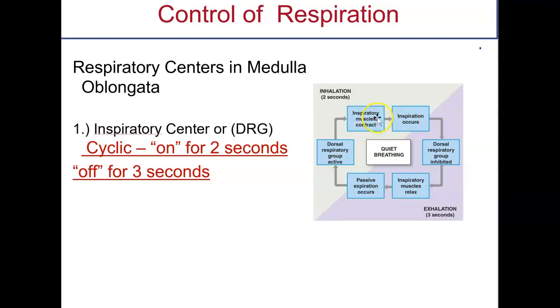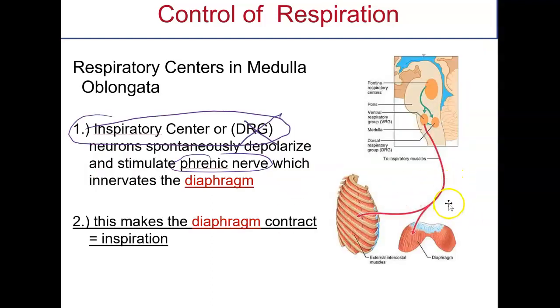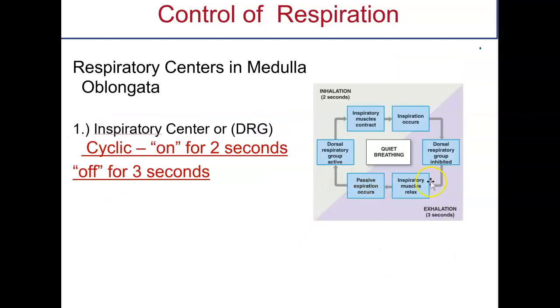So they're on, the diaphragm contracts, and we inhale, and then they're off. And they're literally off. There's no activity. And so when you don't innervate the diaphragm, right, if you cut off the nerve impulse, the diaphragm relaxes and goes back to its dome shape. And that's why we exhale. And so they're on and they're off, and they're on and they're off.